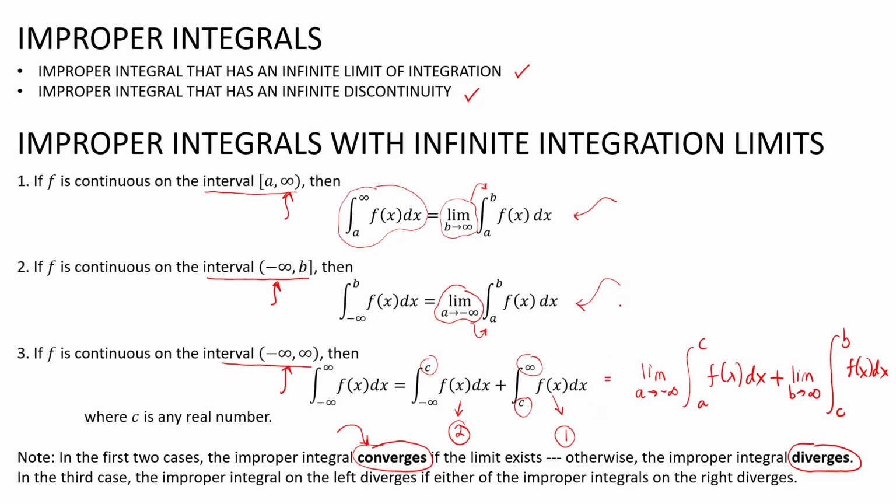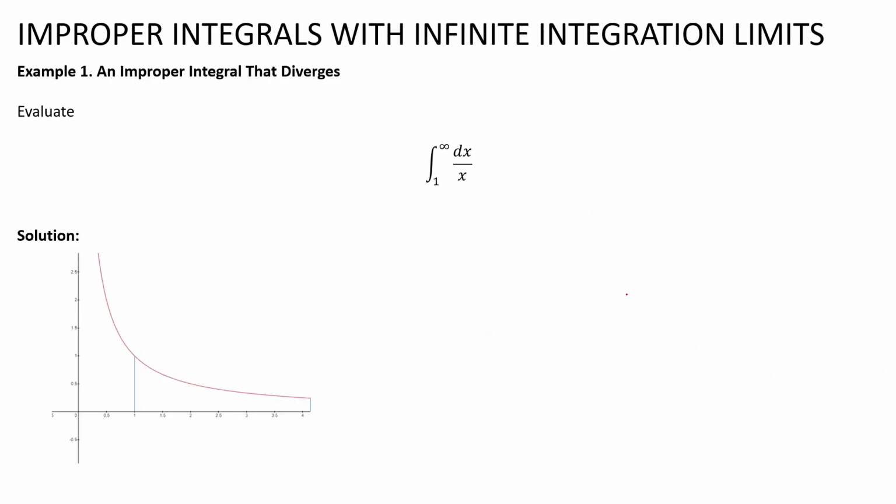All right, so let's try to understand what I'm talking about. Let's go on to the first example. This is what an improper integral looks like, having infinite limits. Again, as per formula, we're going to take out the limit first.